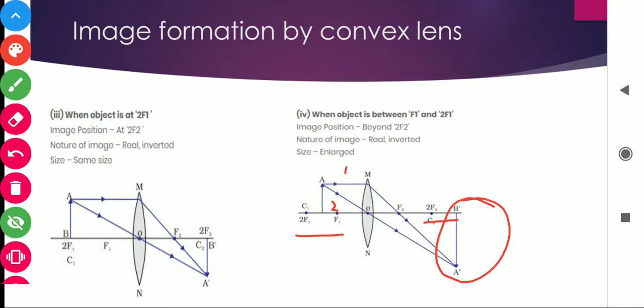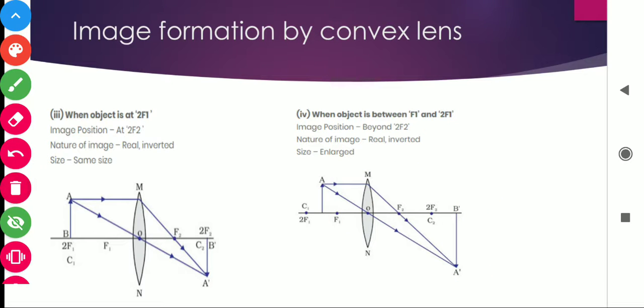It means what is the position? Beyond 2F or 2F2 here. Real and inverted, and you can see it is enlarged. Here we completed 4 ray diagrams: at infinity, beyond 2F, at 2F, between F and 2F.